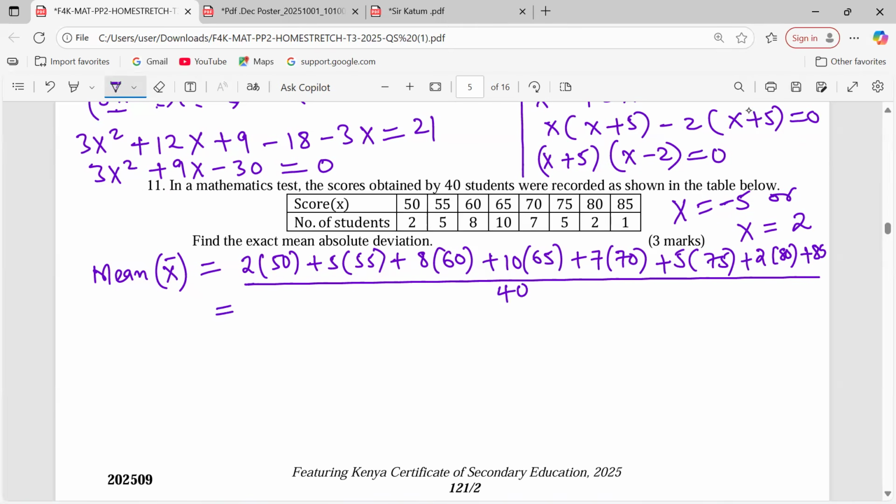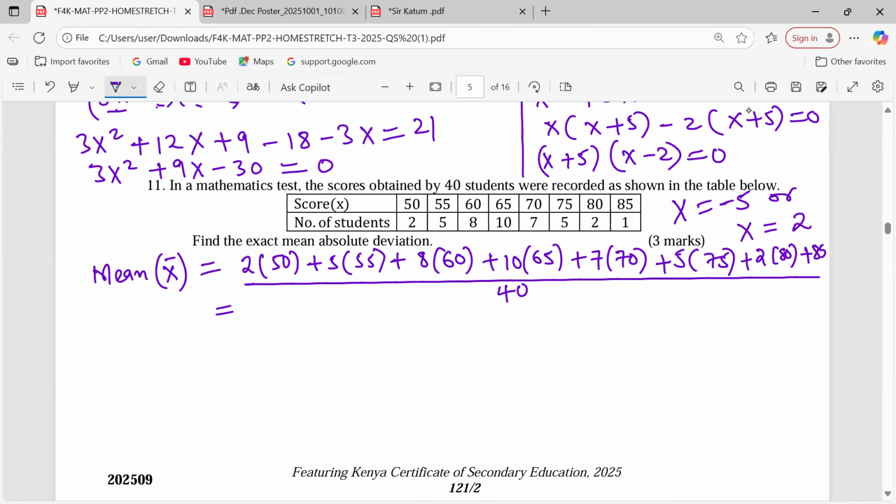So 2 into 50 plus 5 into 55 plus 8 into 60 plus 10 into 65 plus 7 into 70 plus 5 into 75 plus 2 into 80 and then plus 85.